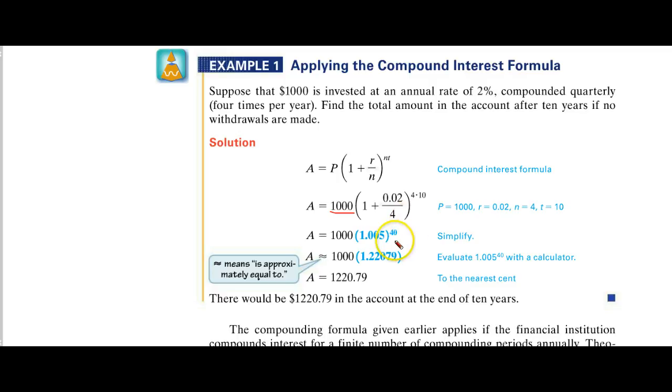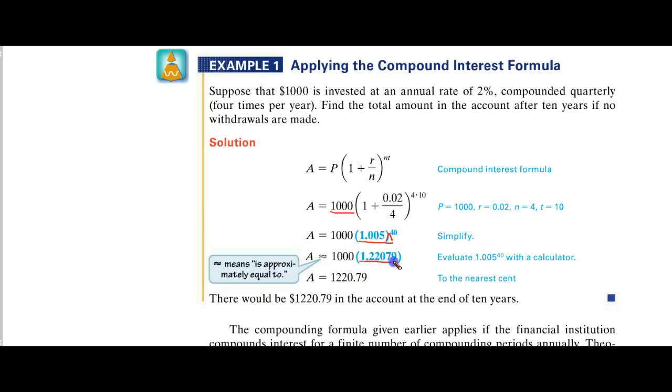So in your calculator, when you divide this, it becomes 0.005. Add 1 to it, so this then becomes 1.005. Now the first thing you do is caret, raise that to the 40th power.